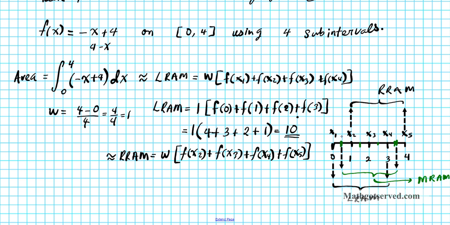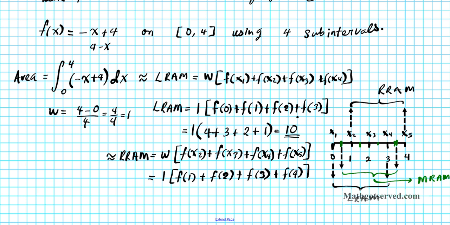We already know the width of our subintervals is 1, times f of 1 plus f of 2 plus f of 3 plus f of 4.